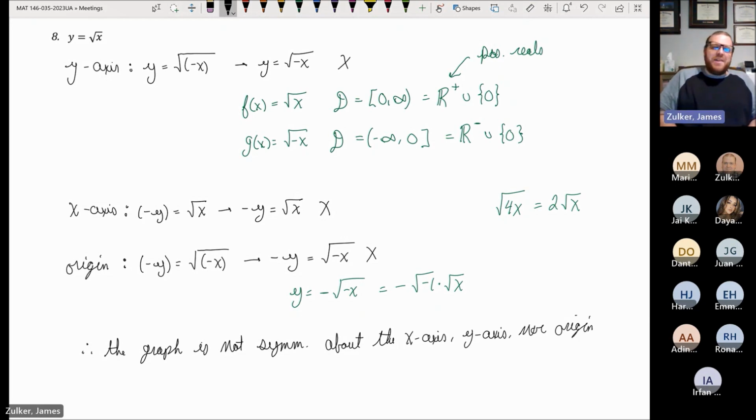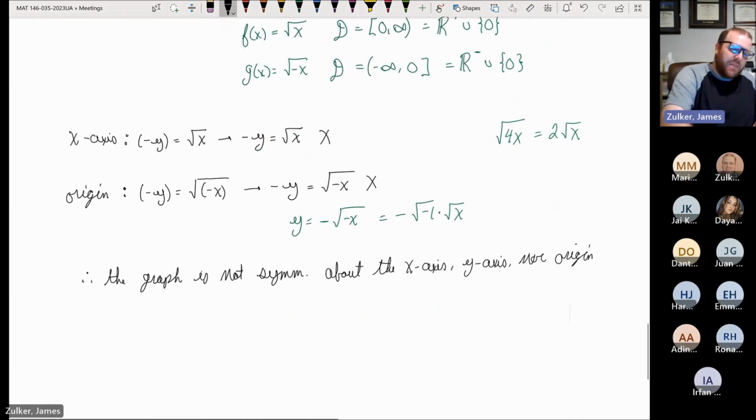So this does not have any of the 3 symmetries. This does not mean, however, that it does not have any symmetry. Fact of the matter is, y equals square root of x doesn't have any symmetry.